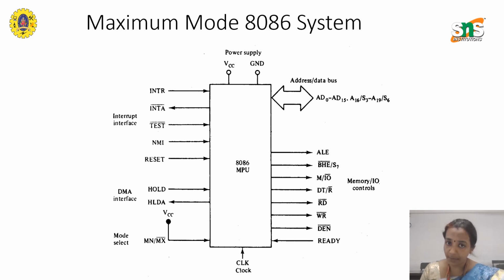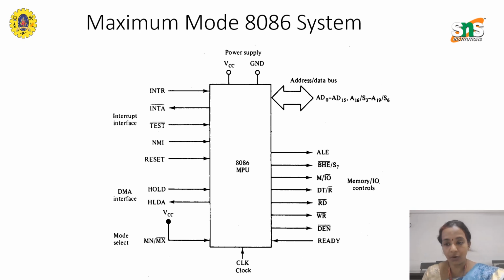So here we have the maximum mode of 8086 processor, the reset, hold signals, hold acknowledgements. Whenever the signal is held, we will be getting the acknowledgement HLDA, hold acknowledgement, interrupt signal.